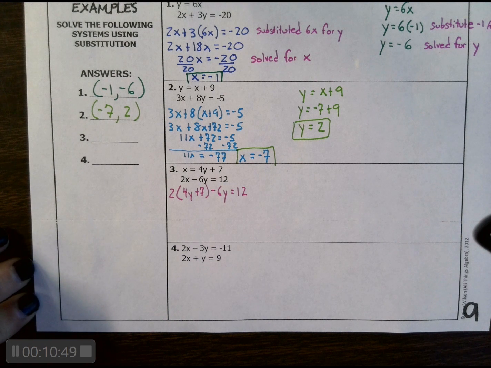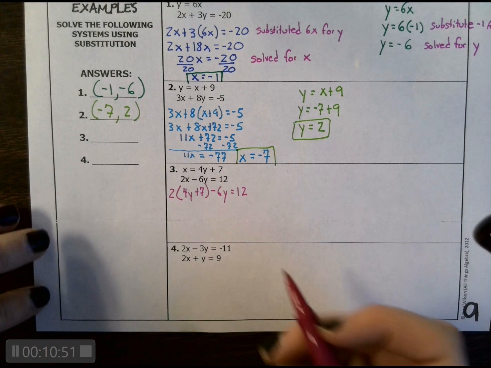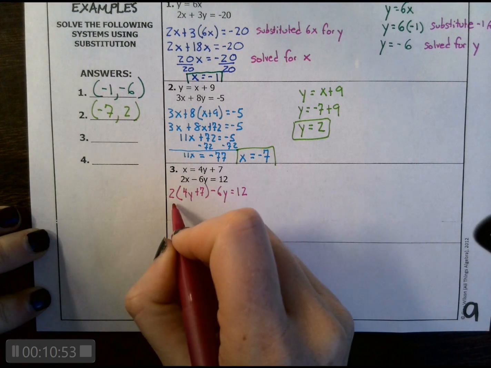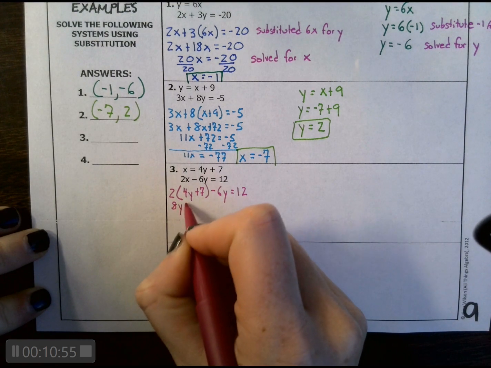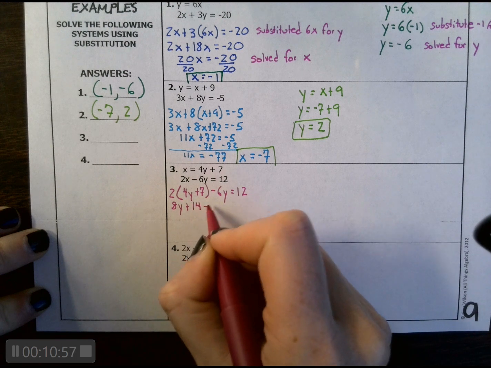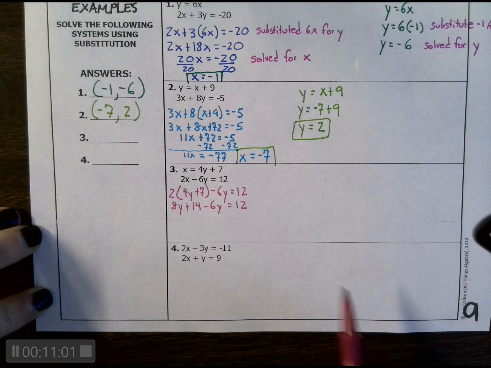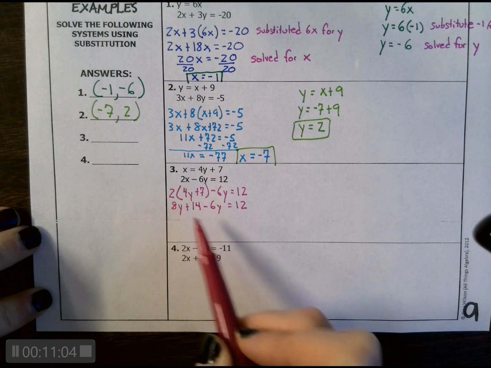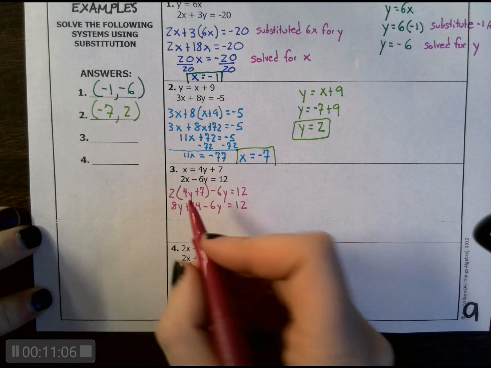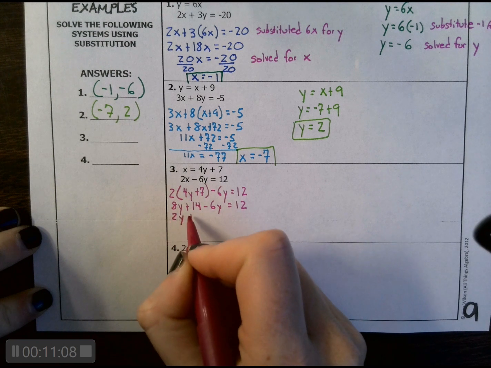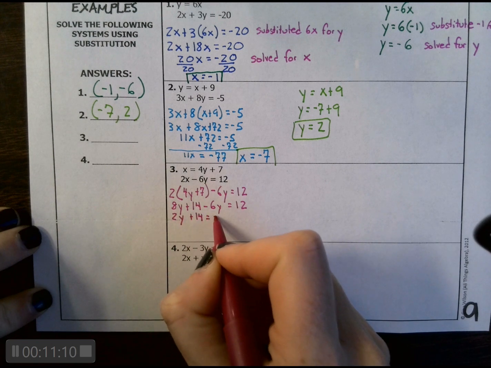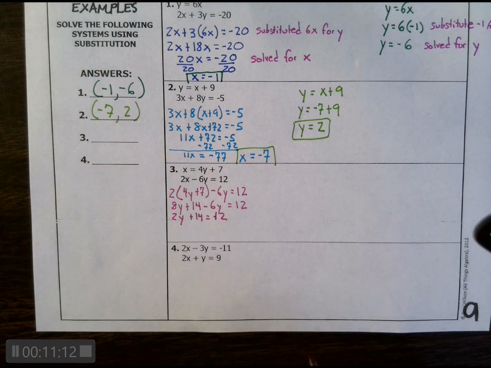Okay? So now we are going to solve for y. So start by distributing. So we get 8y plus 14 minus 6y equals 12. Combine your like terms. What is 8y minus 6y? It's going to give us 2y. Oops, this is 12.